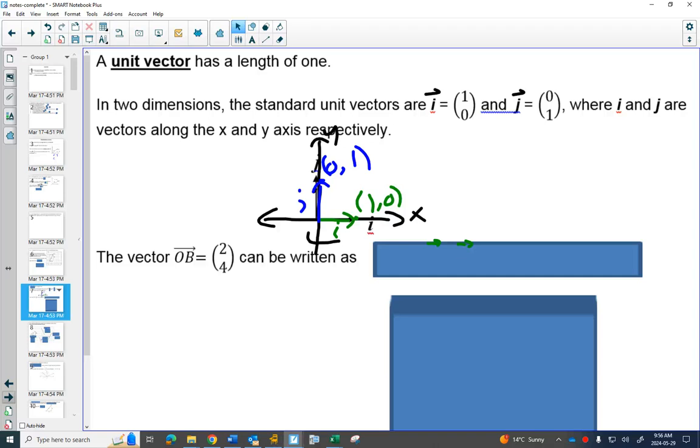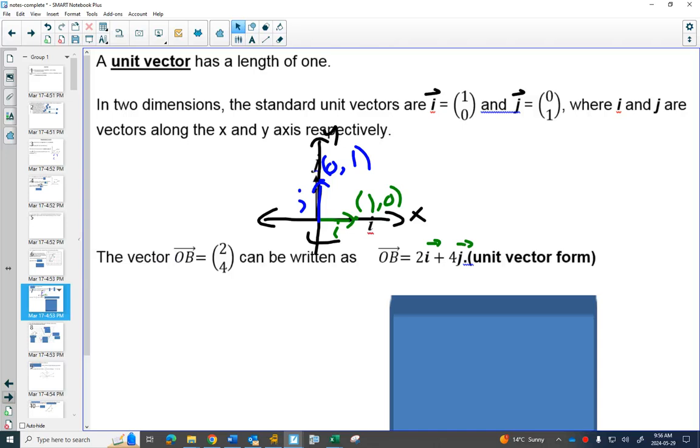So 1 to the right is drawn there in green, 1 up, drawn in blue. And we can always write any column vector in its unit vectors. So 2, 4 is the same as 2i plus 4j, and we can have those arrowheads over top of i and j.